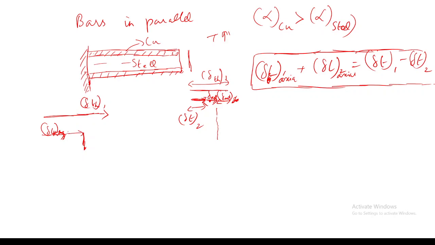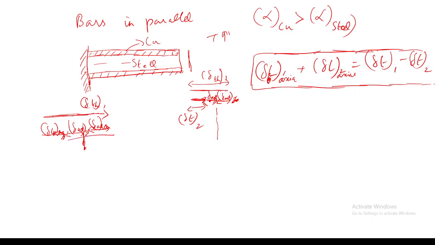So this will be elongation due to axial load for steel, and this will be compression due to axial load for copper. So can I write like this: delta T of 1 minus delta T of 2 will be equal to delta axial of steel plus delta axial of copper?